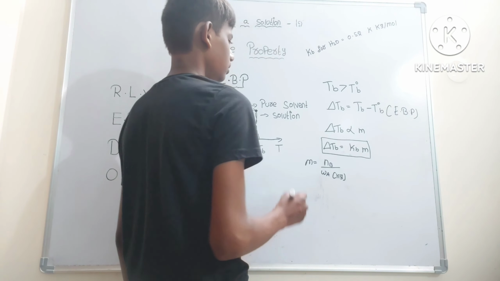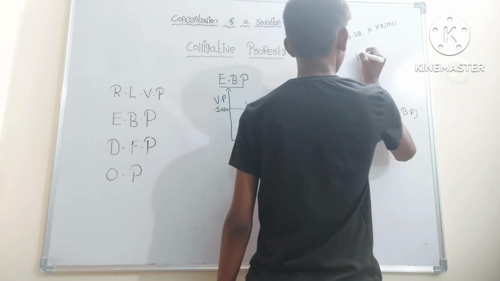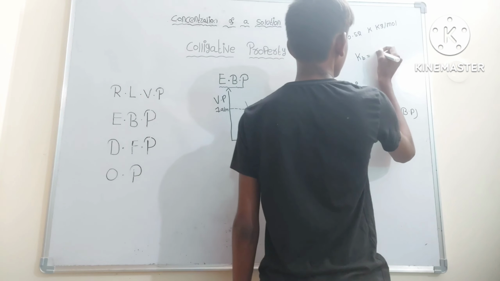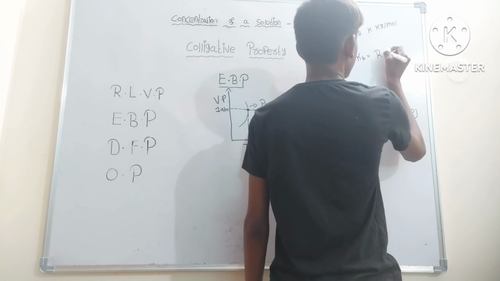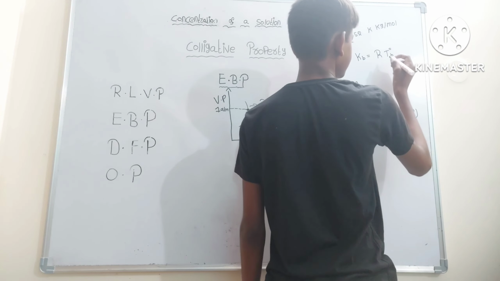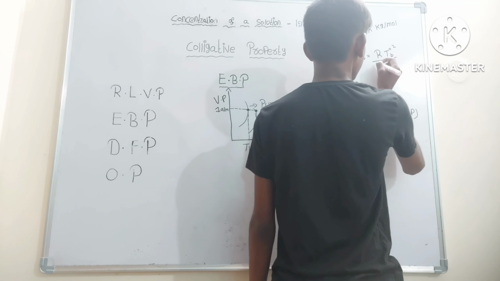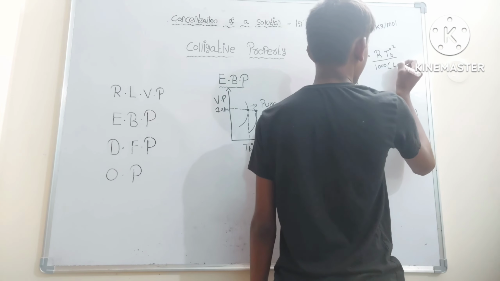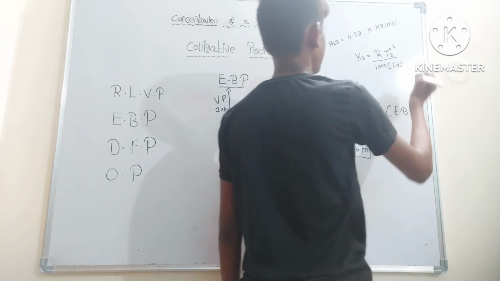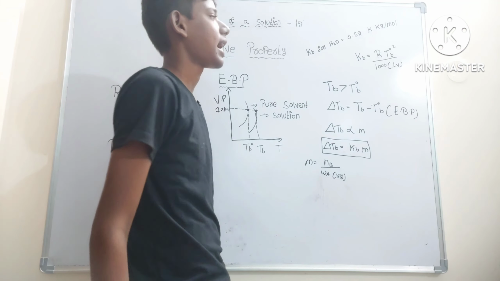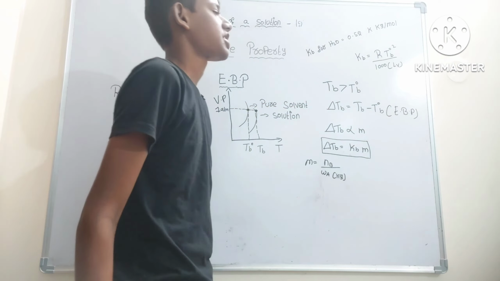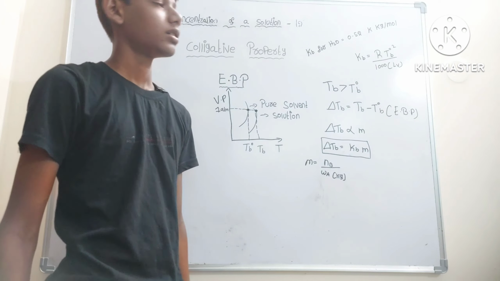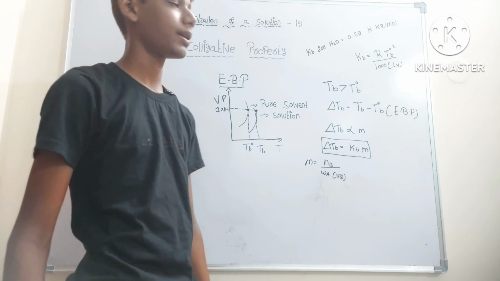How can we find Kb? Kb is equal to R T naught B squared by 1000 times the latent heat of vaporization. R represents the gas constant, T naught B is the boiling point of the pure solvent, and LV is the latent heat of vaporization.